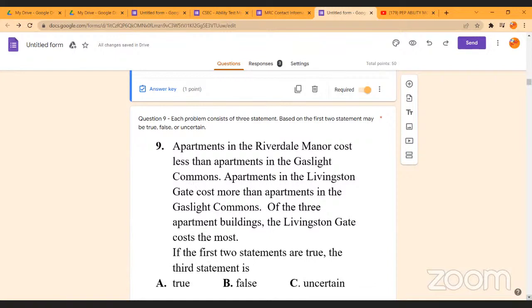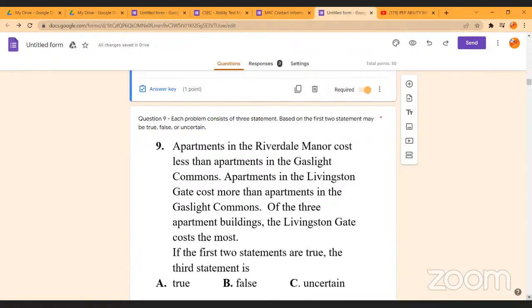Manor cost less than apartments in the... Hold on. Pronounce that word again. The G word, G-A-S-L-I-G-H-T. Gaslight. Good. Continue.